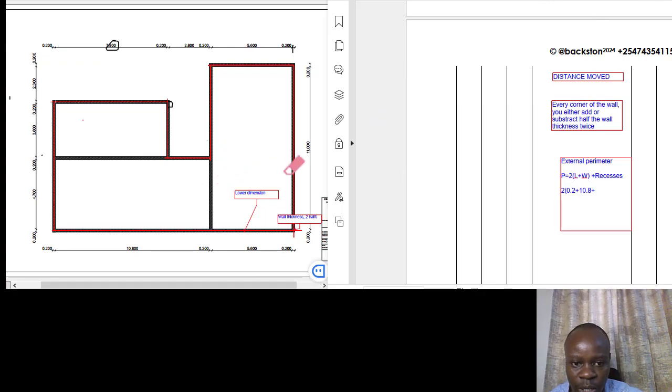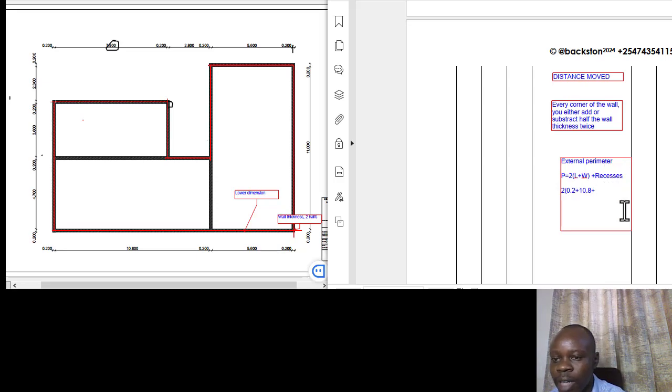So in this particular plan, the basic way that we adopt to calculate the center line is by adopting the formula of calculating a perimeter as if it were a perfect rectangle. The formula is 2 into length plus width, and then we will add the recesses.